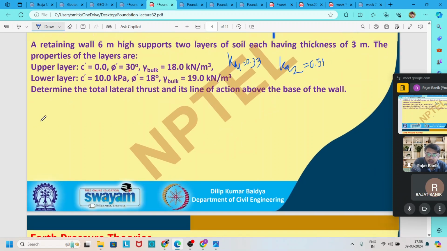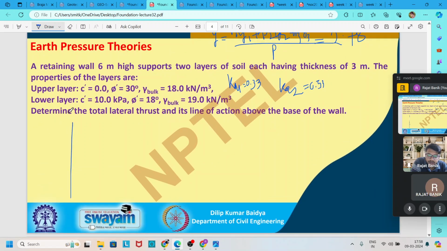After that, again try to draw the pressure diagram. From here to here, this one is gamma 1 K1 H1, because C is 0.